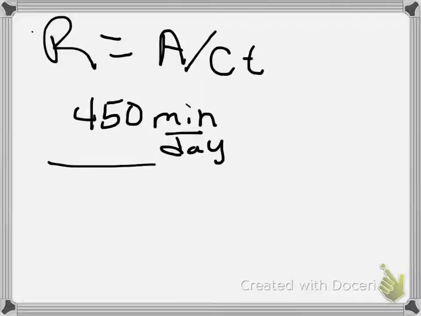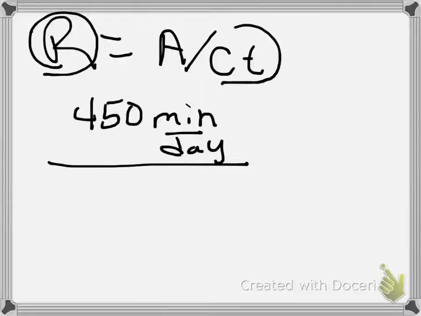To maximize our output, the only way to make R big is by dividing by the smallest number possible, so we need the minimum cycle time.